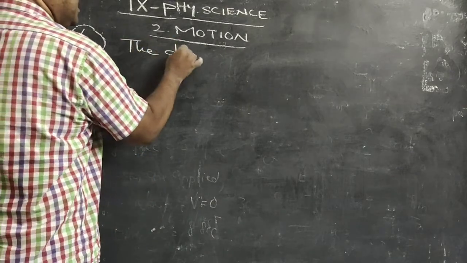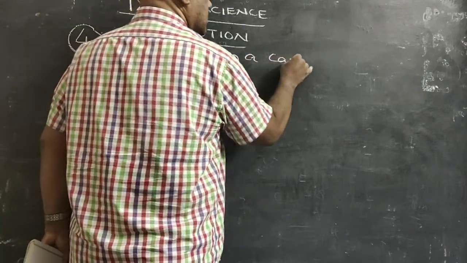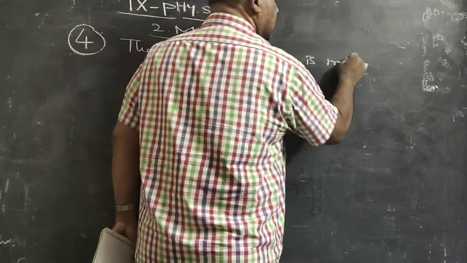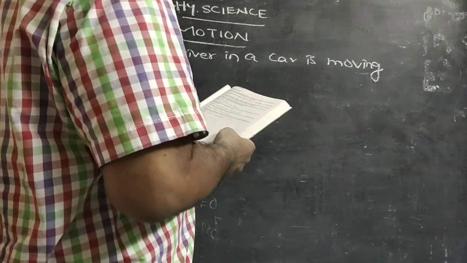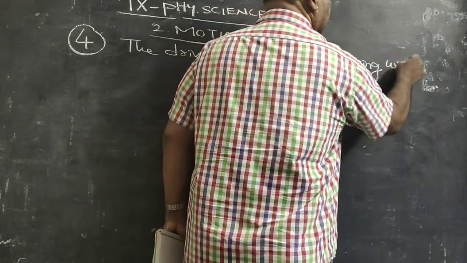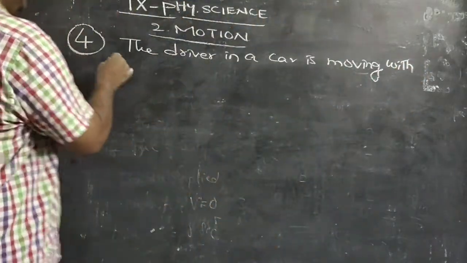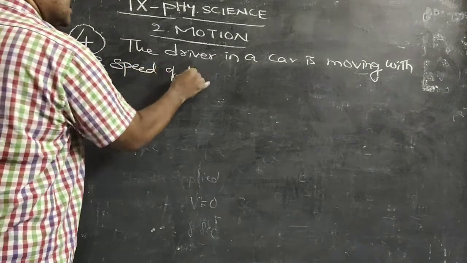The driver in a car is moving with a speed of 10 meters per second.